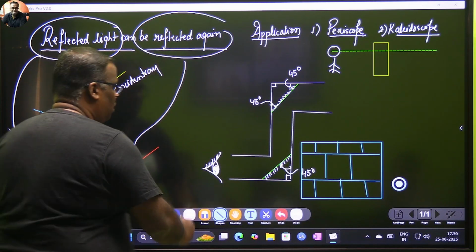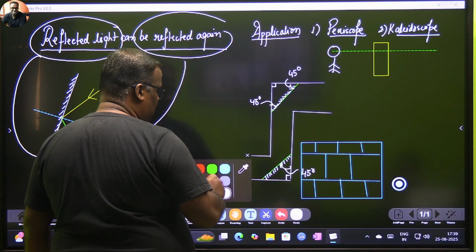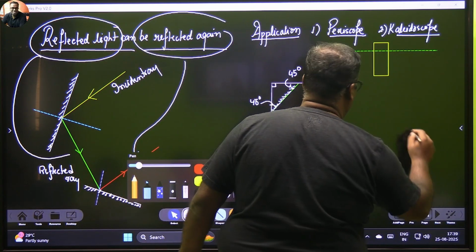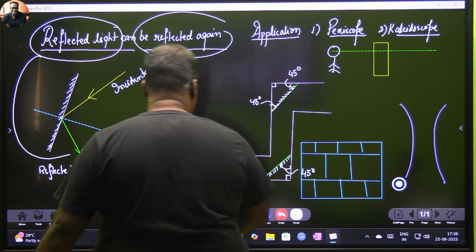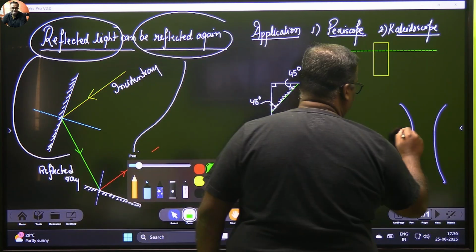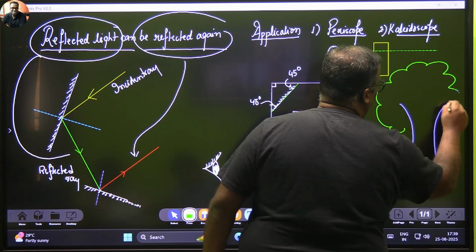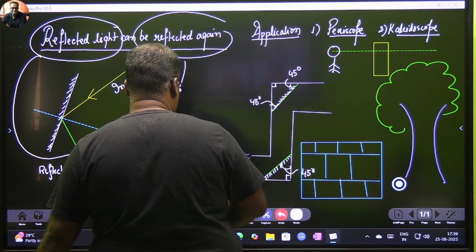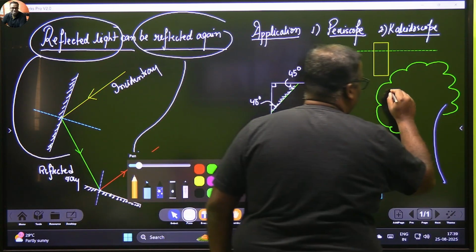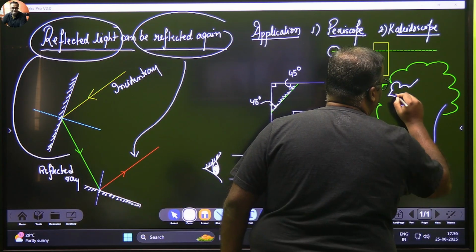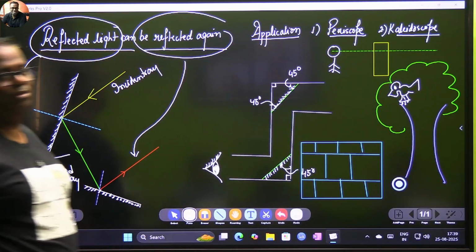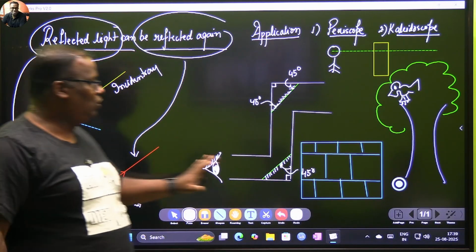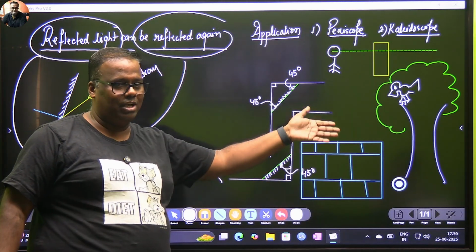On the other side of the wall, say for example, we have a lovely big tree, somewhat like this. There's a tree out here, and in this tree we've got one lovely little bird. The beak of the bird is bigger than the bird's body, so please excuse me on that. Due to the wall, the person is not able to see.